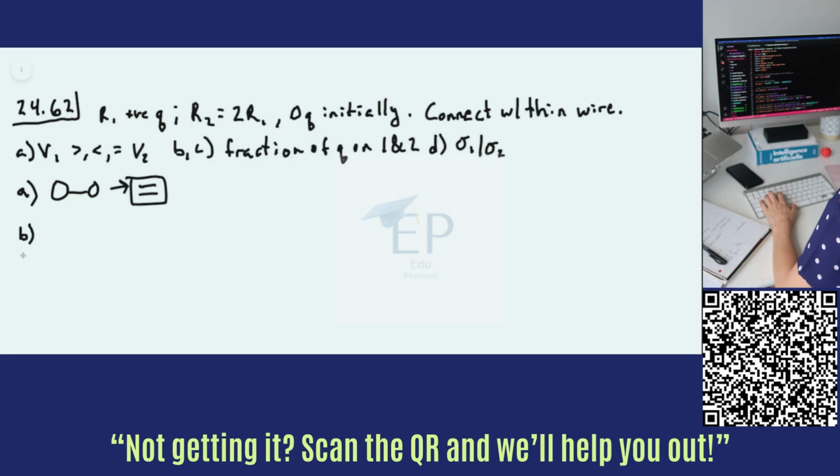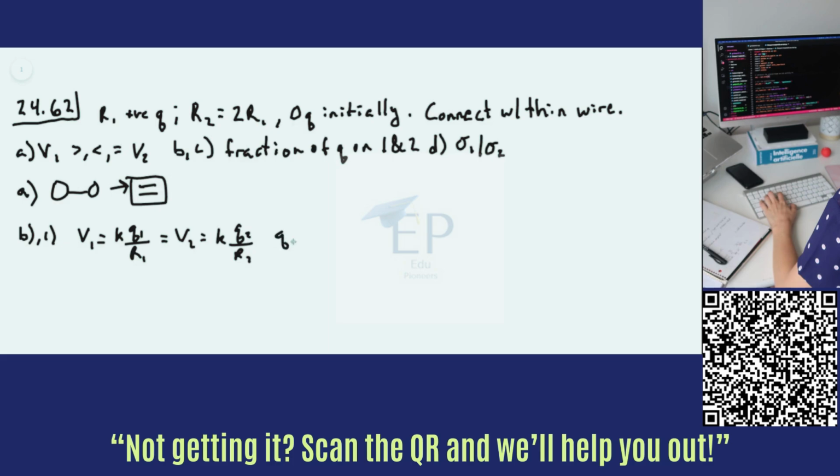Now for B and C, the voltage of sphere 1 is going to be, let's just use Coulomb's constant, KQ1 over R1, is going to be equal to V2, which is KQ2 over R2.